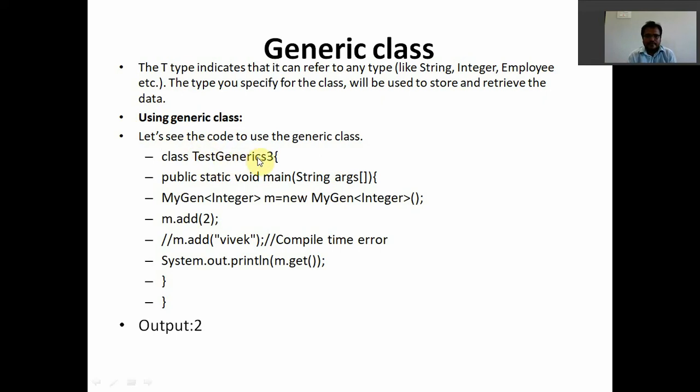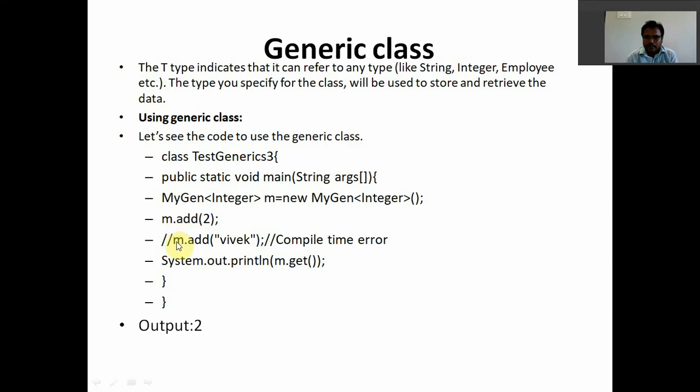TestGenerics3 is an example. See here what we have to do. Already I created the MyGen class, where T refers here to an integer type. Now we are adding an integer value and retrieving the same data with the m.get method. Here we are creating an integer generic class object.